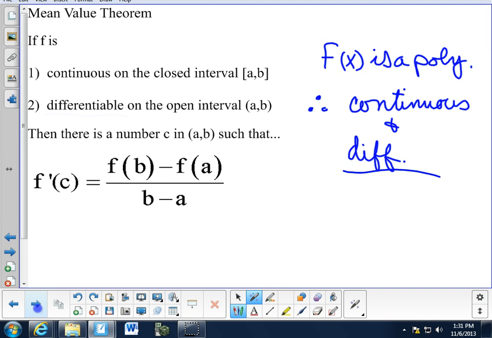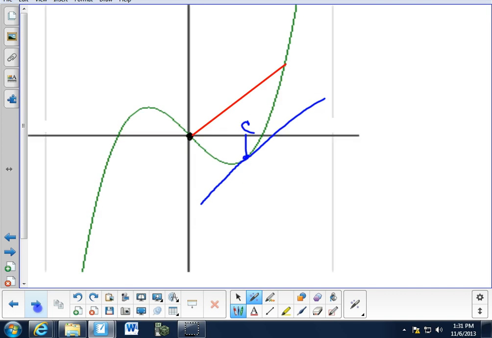So what that means is there's got to be some number, c, that makes this true. Find that number. Now graphically, and you don't need to graph it, but graphically this is what this looks like. The green curve is the curve.